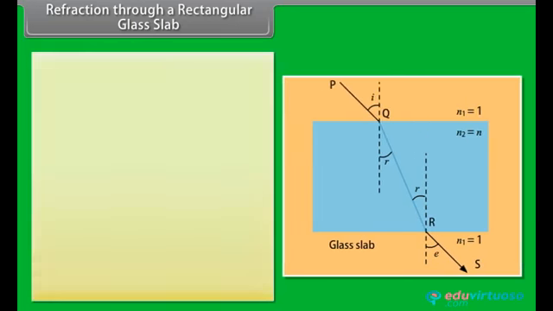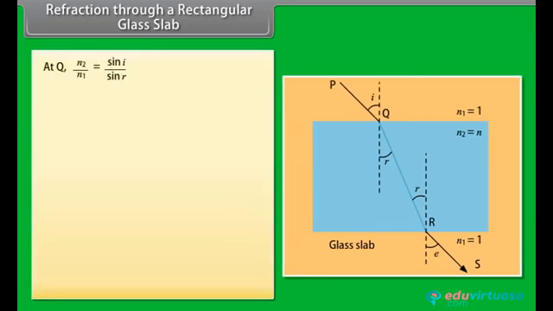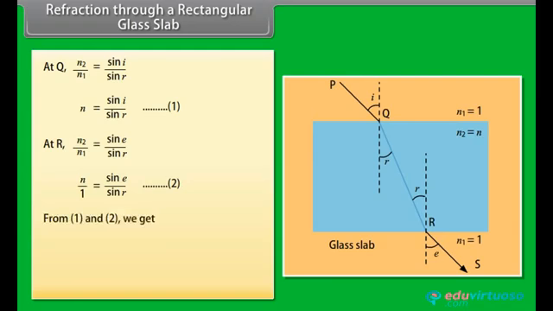By Snell's law, at point Q, n is equal to sin i upon sin r. At point R, n is equal to sin e upon sin r. From equations 1 and 2, we get sin i upon sin r is equal to sin e upon sin r.